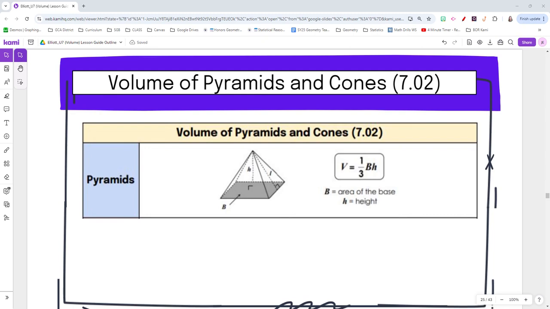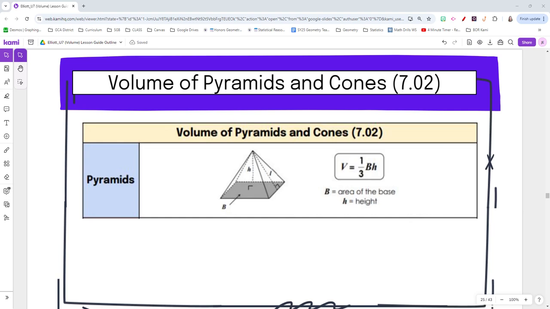But as the pyramid rises in height, it does not maintain that same congruent shape all the way to the top of the pyramid. So what happens is you start with a base shape, and then as the pyramid increases in height, that base shape is a similar shape, but it is not a congruent shape.